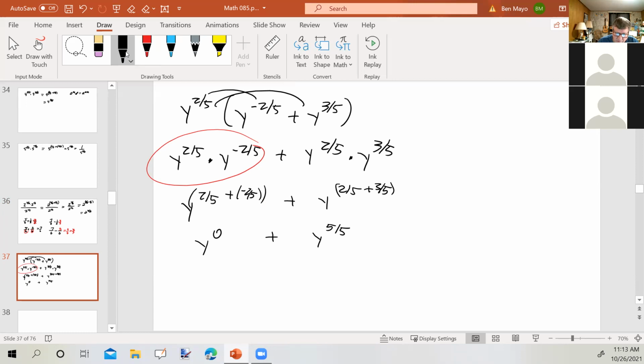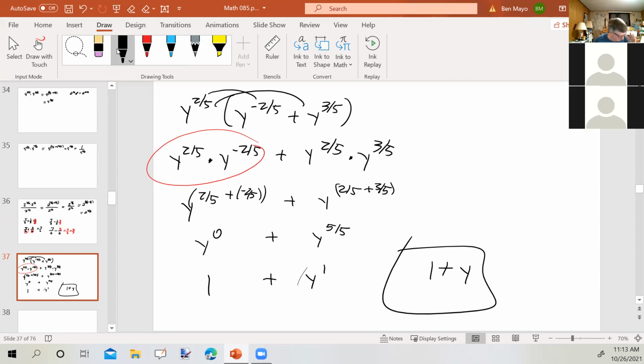A number or a variable raised to the 0 power is 1, with the exception of 0 to the 0 power. But anything else raised to the 0 power is 1. And 5/5 is 1, so we're just left with 1 plus y, because something raised to the 1 power has an implied 1 exponent there. Okay, so there's your final answer.